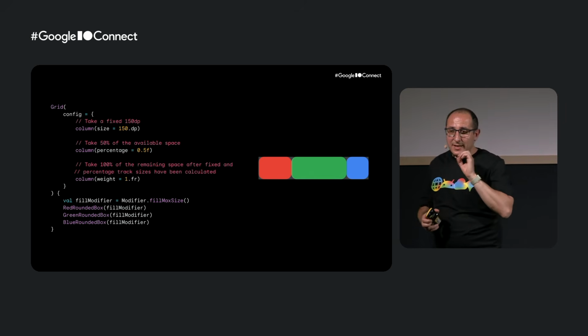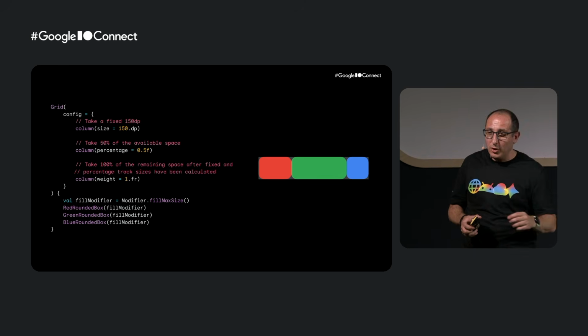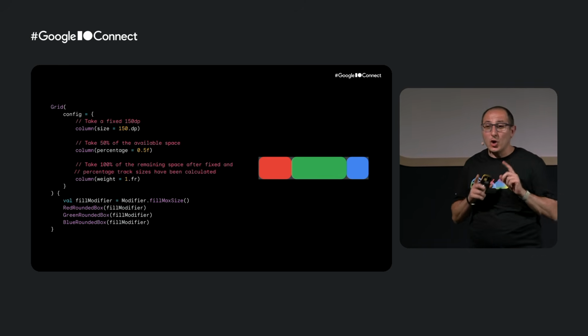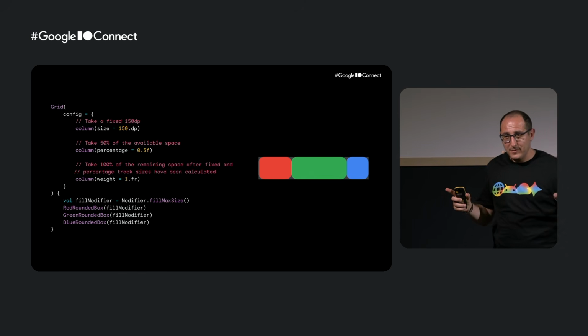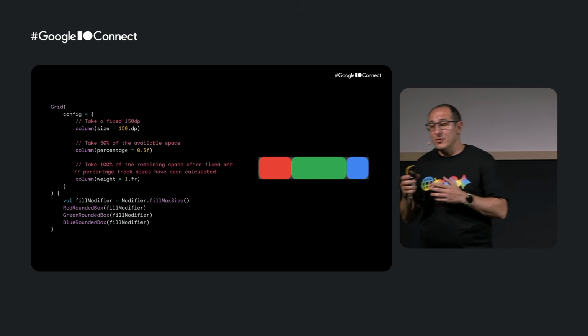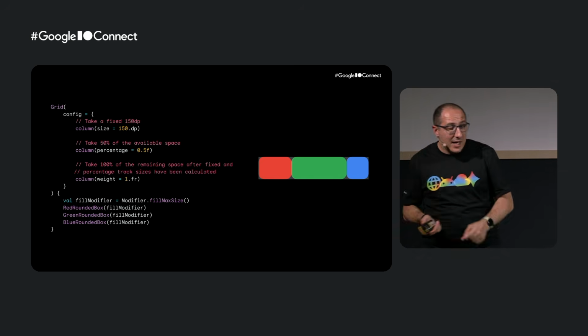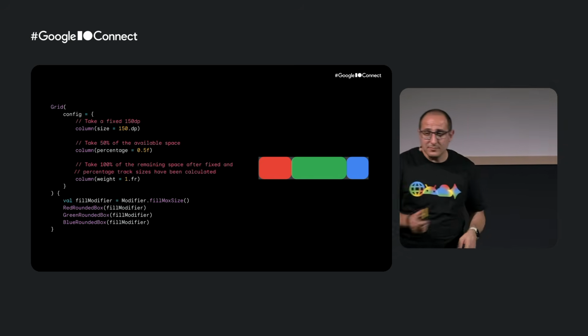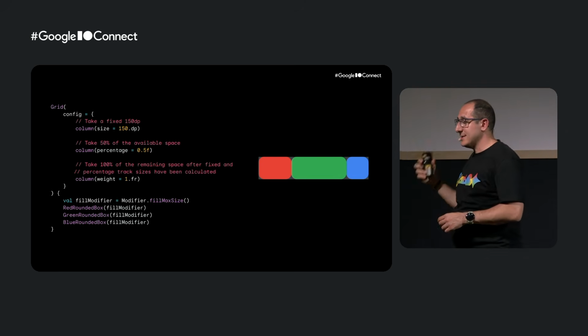But in this case, when you invoke the column or the row with the percentage, you are asking for 50% of all the space. OK? But you can also ask about the remaining space. And you do that with the .fr extension function.